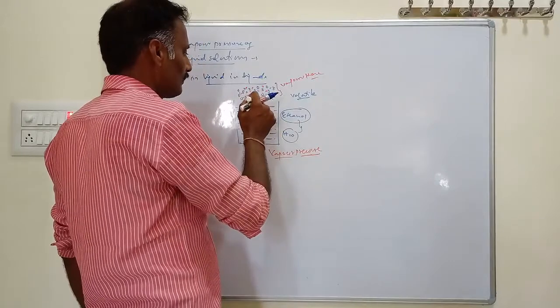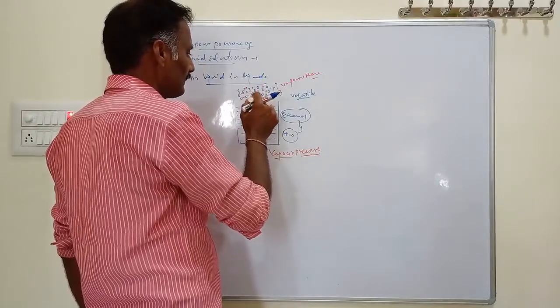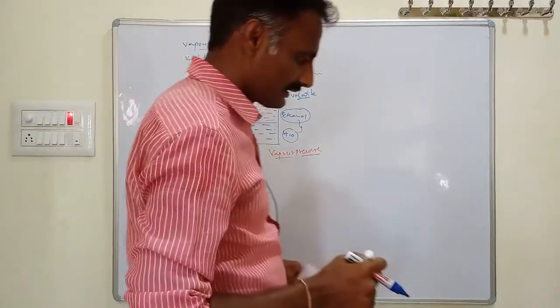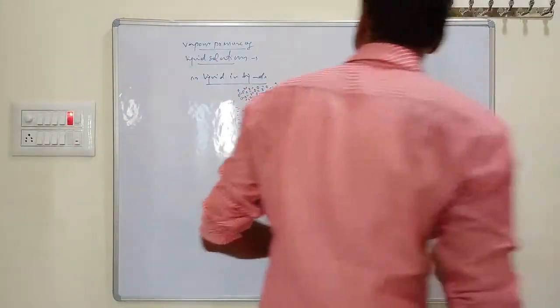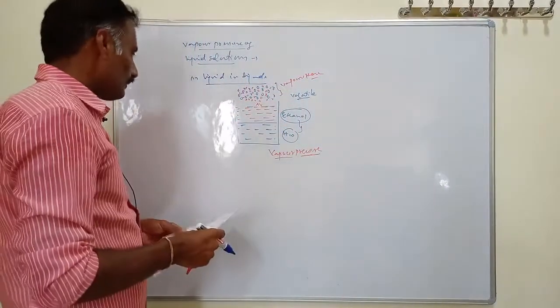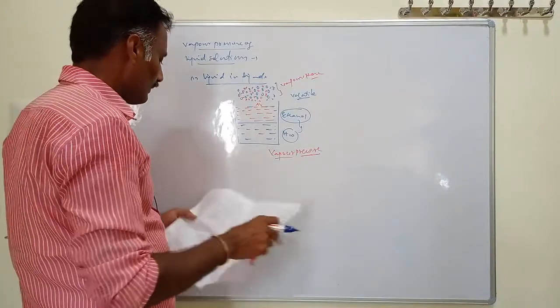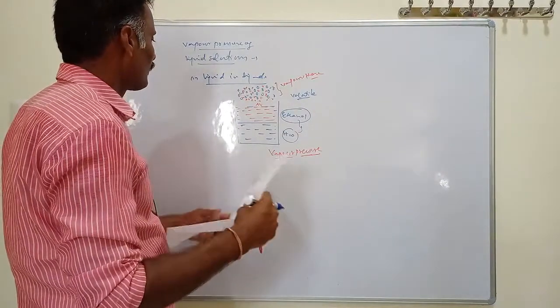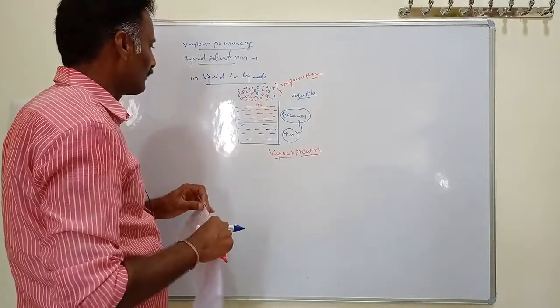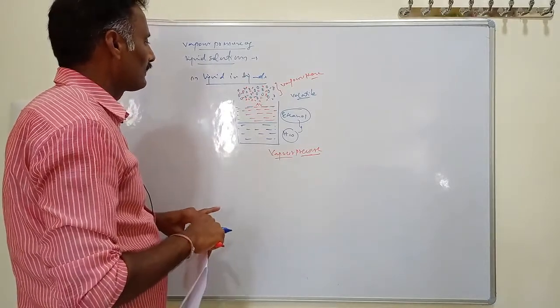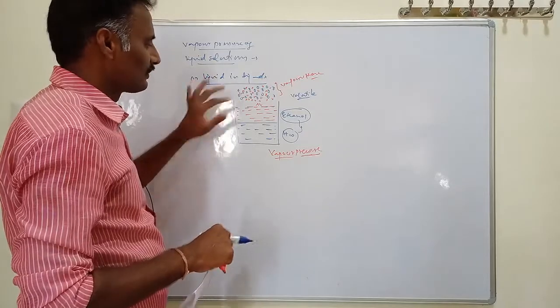The vapor pressure of the solution depends on Raoult's law, and the scientist Raoult studied the behavior of this type of solutions. After studying their behavior, Raoult gave a quantitative relation between the partial pressures exerted by the two components in a solution.